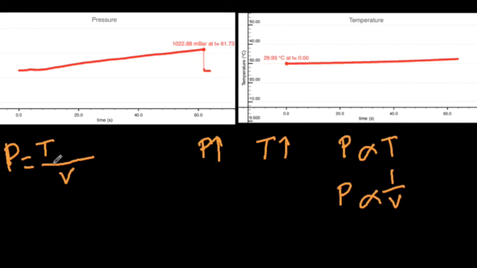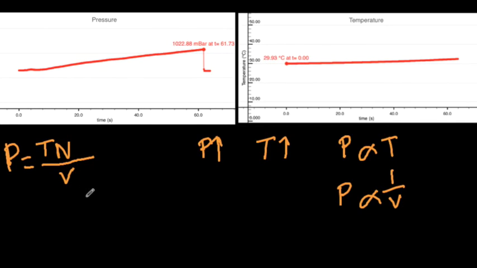So we need to know the number of particles inside the volume, and we're going to think about that with the number of moles of the gas inside the syringe. So we can think of that as kind of the number of particles.